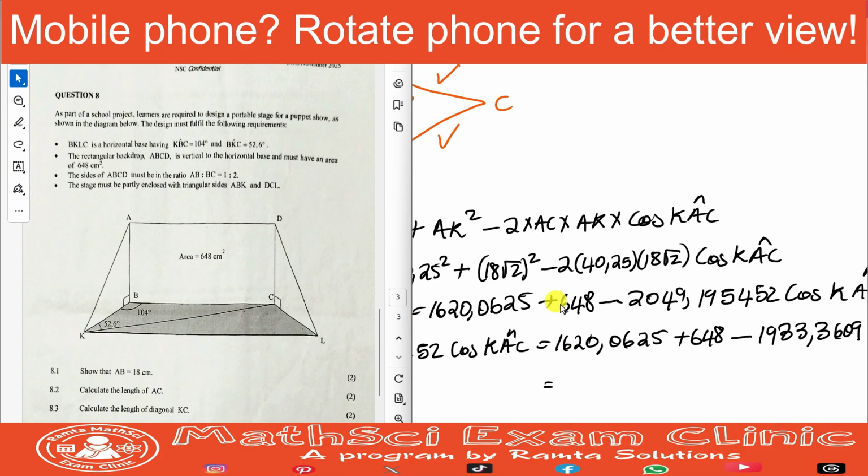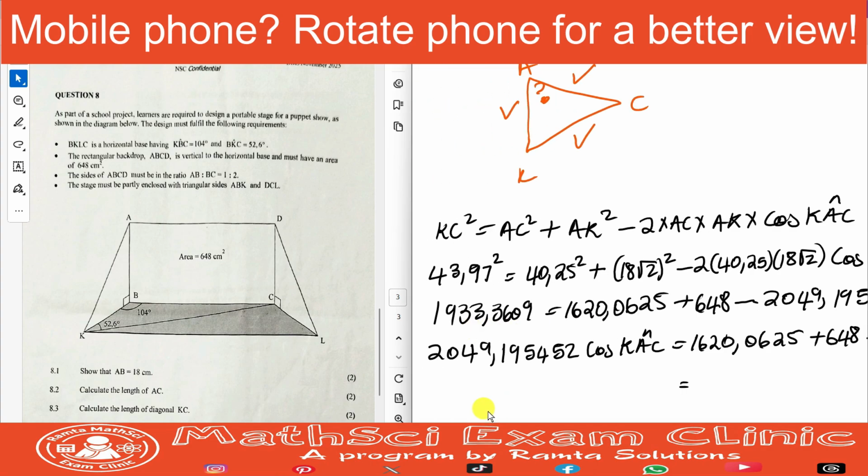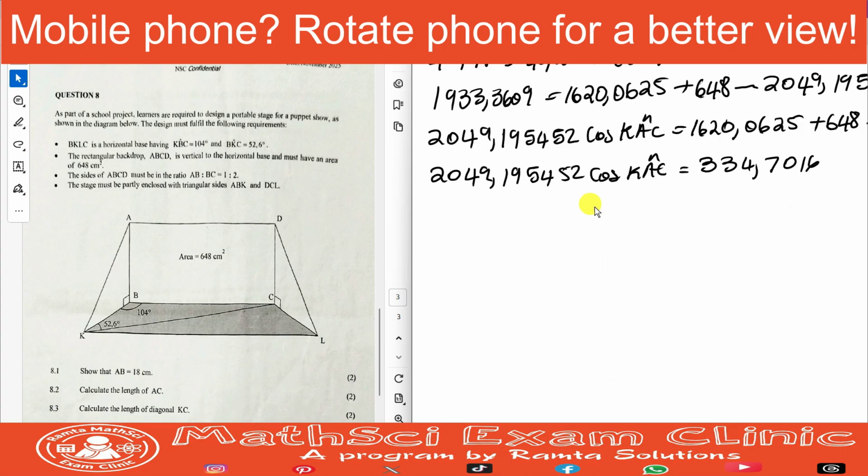Now, let's sort this out: 1620,0625 plus 648 minus 1933,3609. So 1954.52 cos angle KAC is equal to 334,7016. Taking it step by step, bear with me.